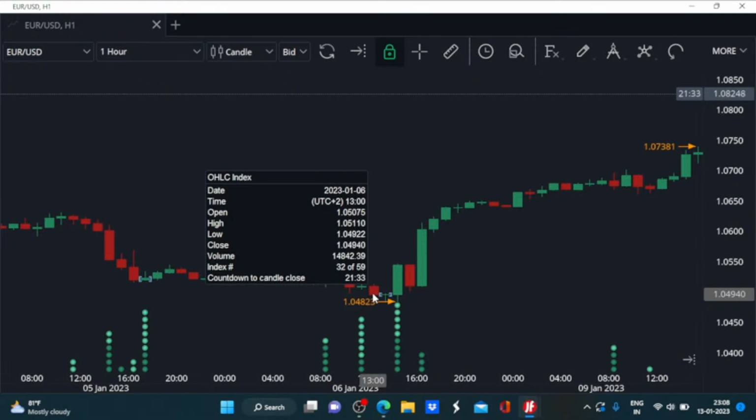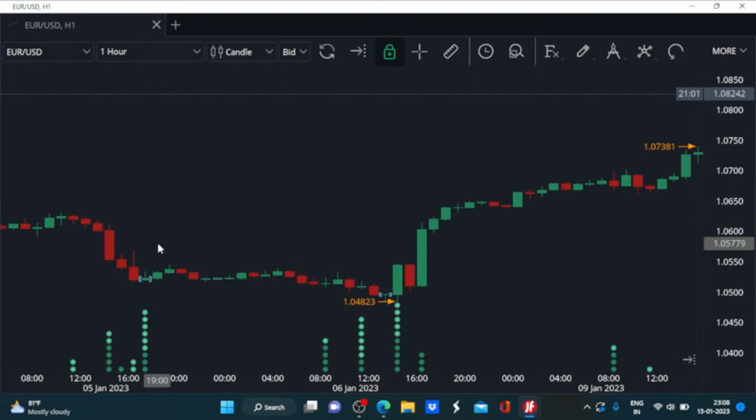So once the basic formation of the Harami cross is in place, you will have to then decide whether to overlook the particular Harami cross formation or to go for a trade. That you will have to judge depending on the prior price action, how much things have moved from the start of the prior trend, and a lot more factors, like additional tools and additional indicators, can also be applied.